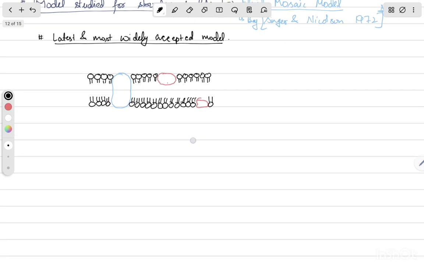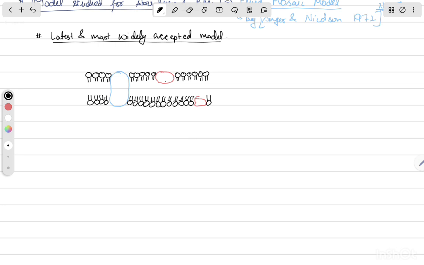Right. So if we consider this as the structure of the plasma membrane, these two layers are considered as the phospholipid bilayer. Now, what is the phospholipid bilayer?